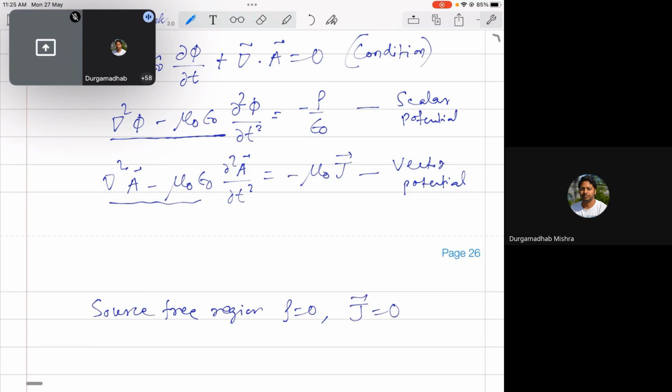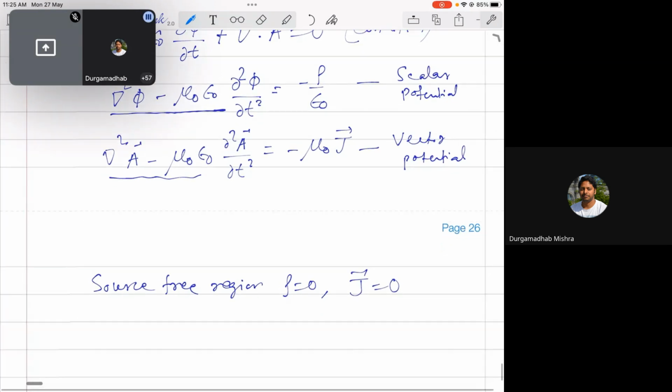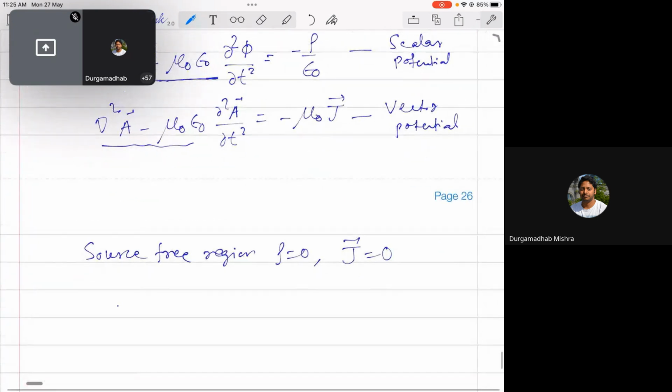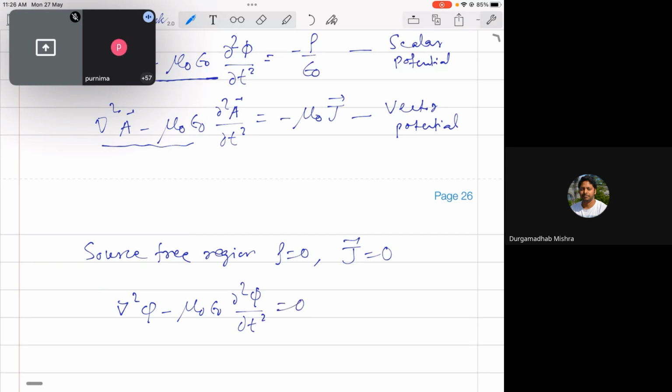The source of electric field is always a charge distribution or charge density, rho, which is 0. The source of a magnetic field is always current or current density, which is 0. So in that case, these two equations become del square phi minus mu naught epsilon naught del square phi by del T square equal to 0, and del square A minus mu naught epsilon naught del square A by del T square equal to 0.